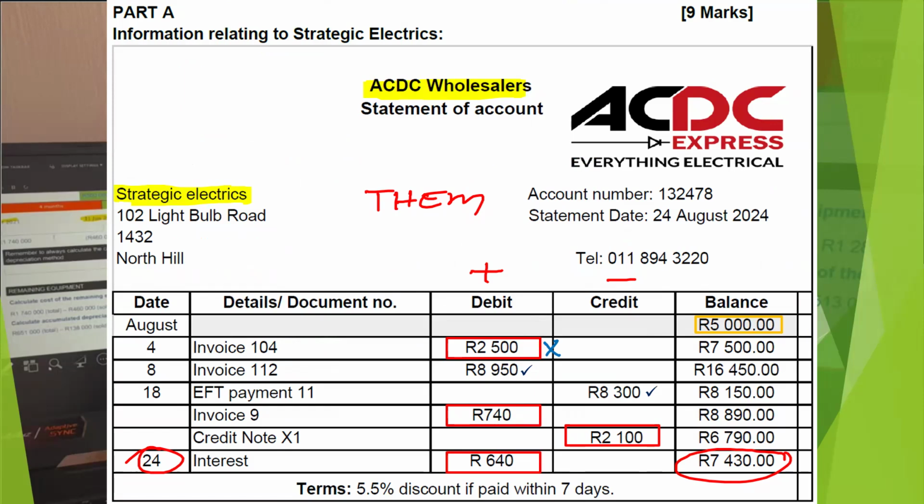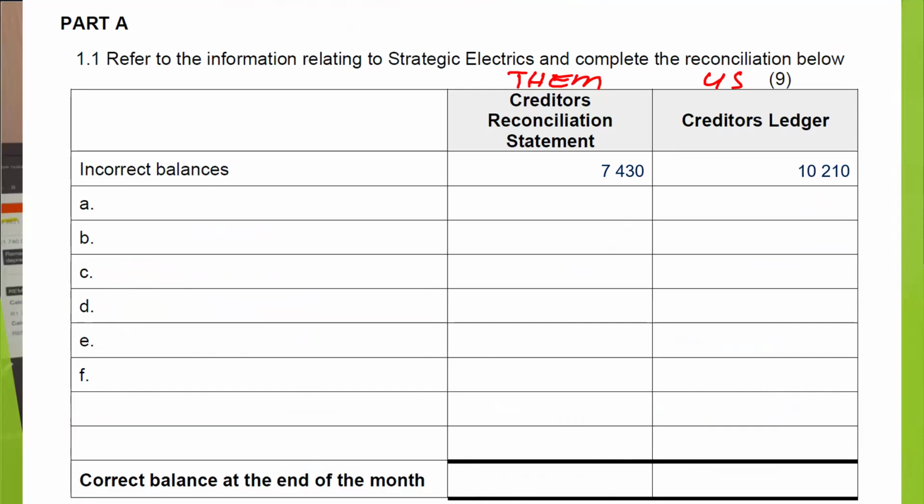They need to bring it down. It's an invoice, so when you bring down an invoice, it will be a minus. When you record it in the creditor's reconciliation statement, first find the difference between 2,500 and 2,300. We need to reduce the creditor's reconciliation statement by the difference. The difference here will just be 200.